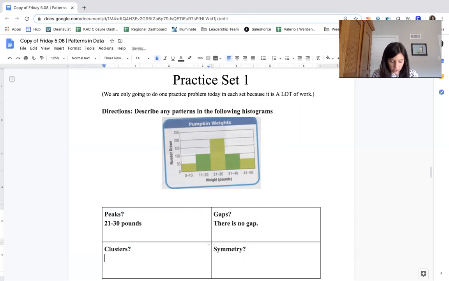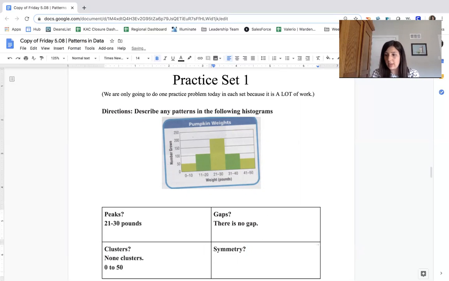Okay, clusters. So for clusters, kind of similar to what I just said about gaps, the whole thing is a cluster because it's all together. So two possible answers to this could be there aren't really any clusters because there aren't any gaps to make them. Or since everything is pretty close together, I could say that there is a cluster all the way from 0 to 50. So from that first data point 0 right here all the way to 50, they're pretty clustered together.